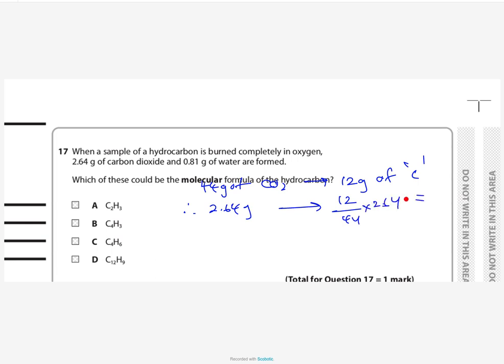So 2.64 times 12 divided by 44 is 0.72 grams. Likewise, if you take water, 18 grams of water contains 2 grams of hydrogen.